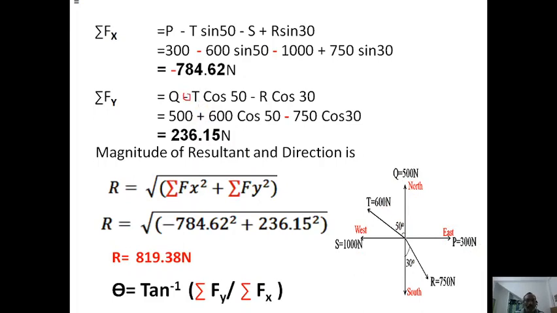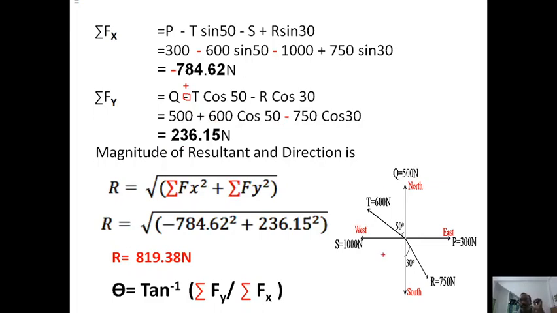So this should be positive. Then 500 plus 600 cos 50.